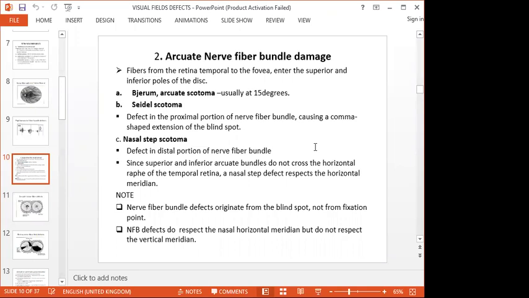These fibers have to go above the macular papillary bundle, so they are curved above to enter the optic disc. That's what they mean by arcuate. They don't go directly in. Only macular fibers go directly. Those that are further away have to go around like that, around like that, to enter. Those are the arcuate fiber bundles.